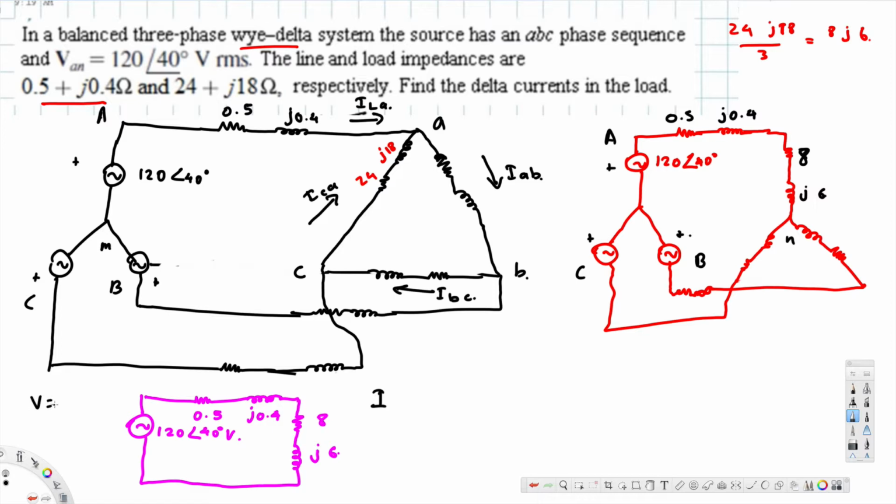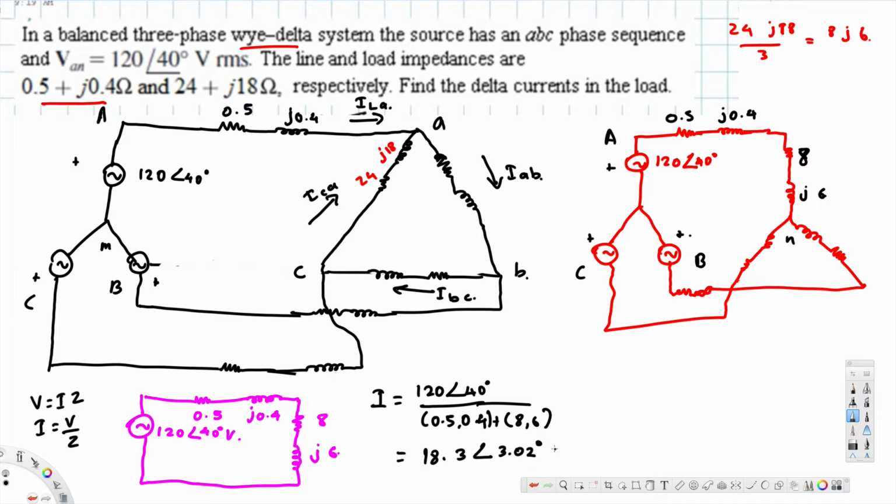V is equal to IZ, so I is equal to V over Z. V is 120 angle 40 degrees divided by this impedance, 0.5 plus j0.4 plus 8 plus j6, and if you calculate the current, that's going to give you 18.3 angle 3.02 degrees amperes.